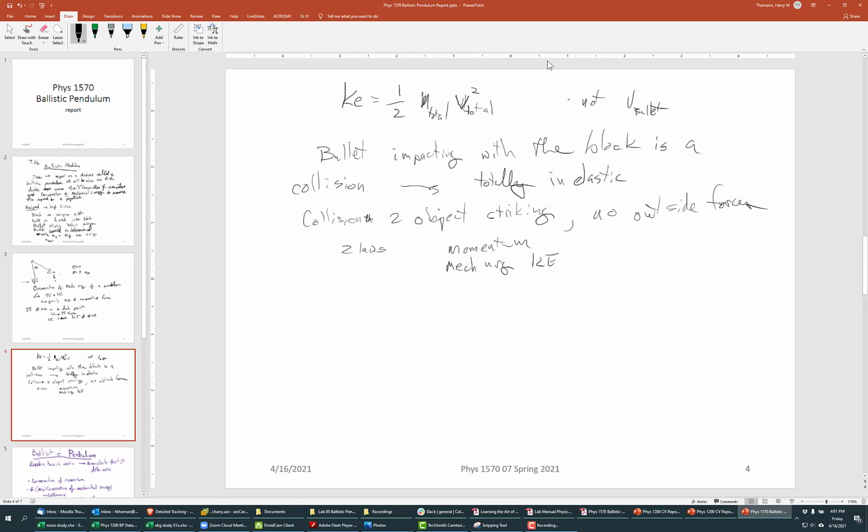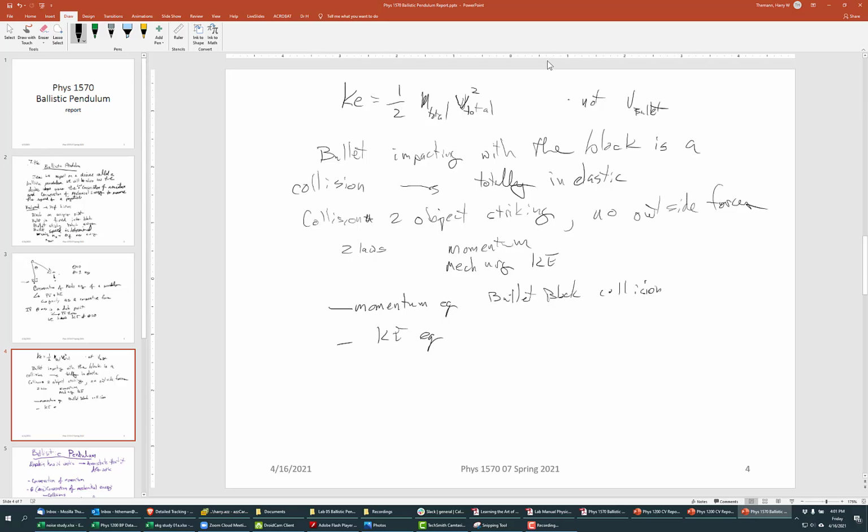So then you draw out the momentum equation for the bullet and block collision. And then the KE equation.